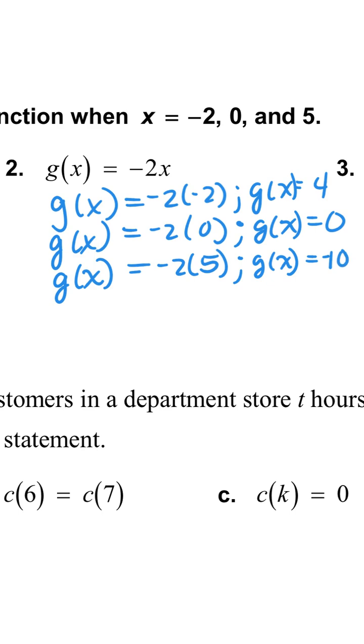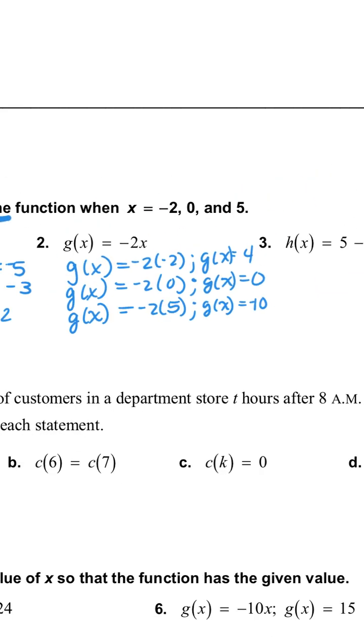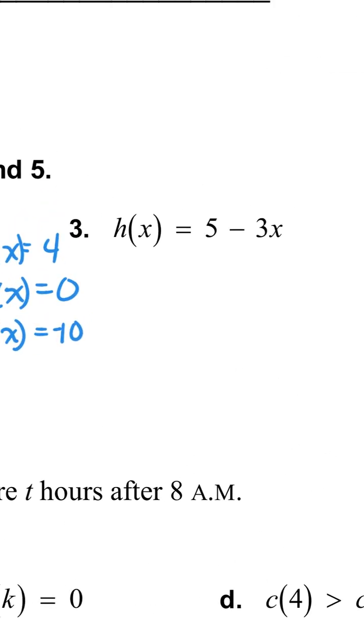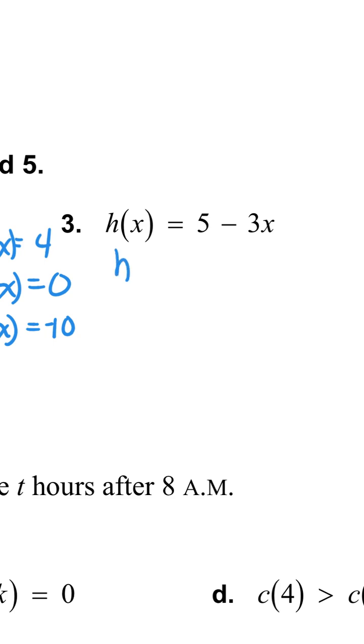Here, they're just telling us to do what? Use substitution, where we're going to plug in what x equals. Remember to always read the direction. Here we have h of x, which gives me 5 minus 3 times -2. What's the first thing we need to do?